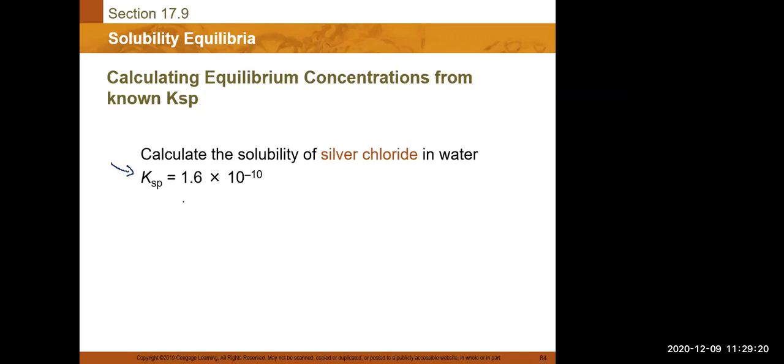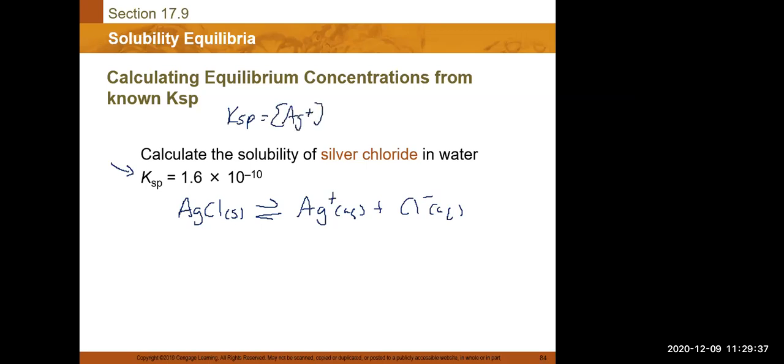So we start with our silver chloride, which is this. It will again break apart into its ions. And we can write our KSP, which would be the concentration of silver times the concentration of chloride, and that equals 1.6 times 10 to the minus 10.